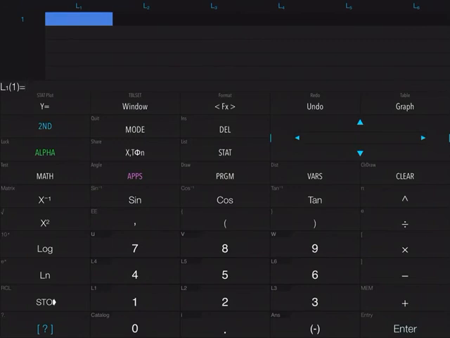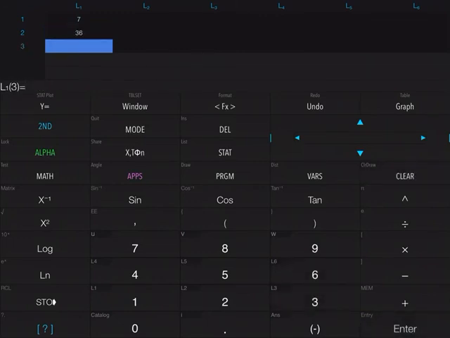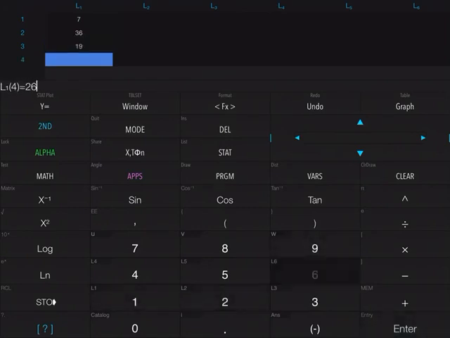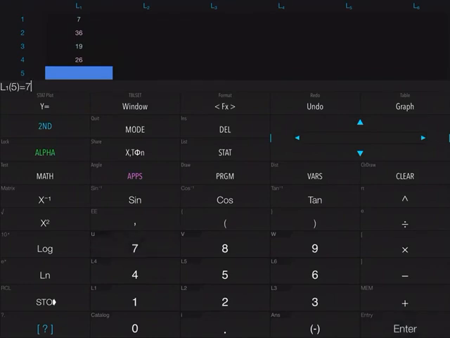Okay, so we're going to clear out the previous list. So go stat, edit. There's nothing in that previous list, so we're going to type in list 1. Our observed, we observed 7 brown, 36 yellow, and so on.